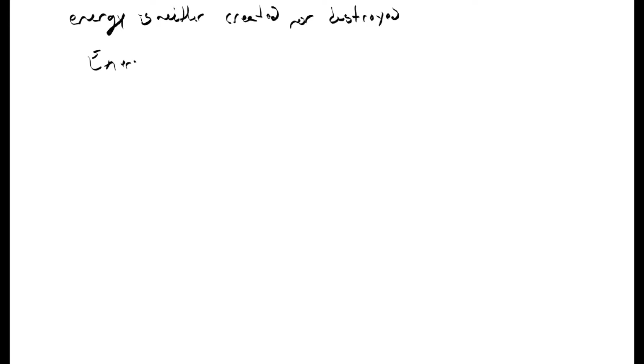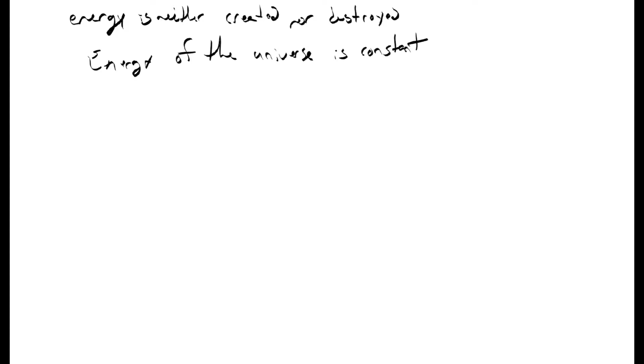So you'll remember conservation of energy, right? Energy is neither created nor destroyed. It can change forms, but it can't be created or destroyed. That means the energy of the universe is constant.